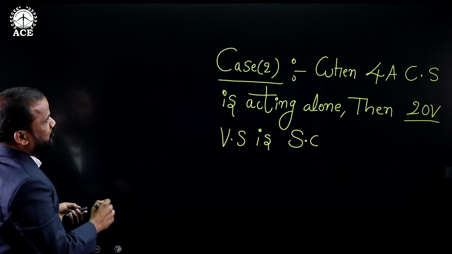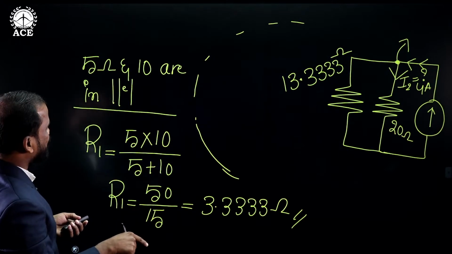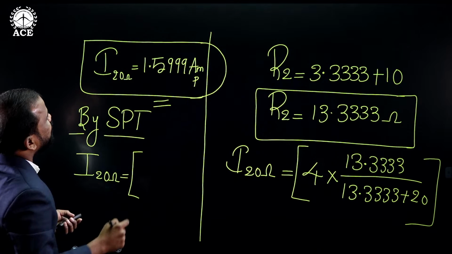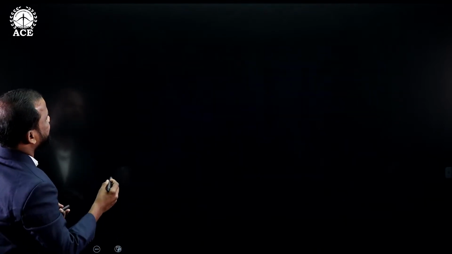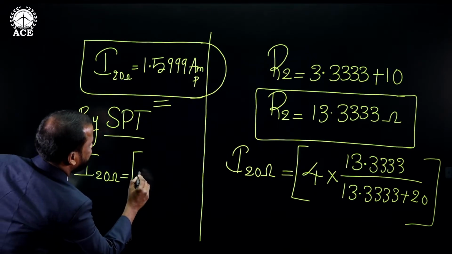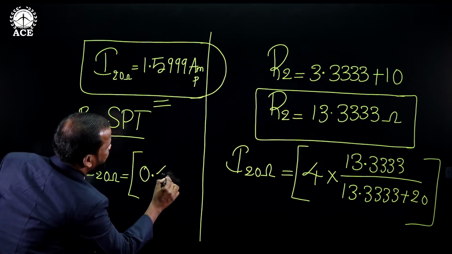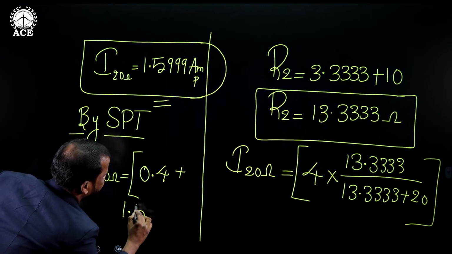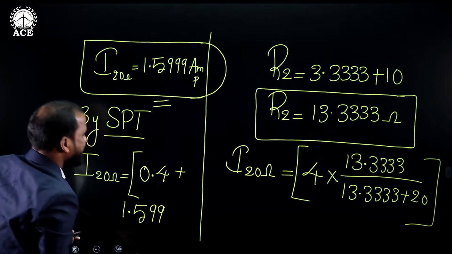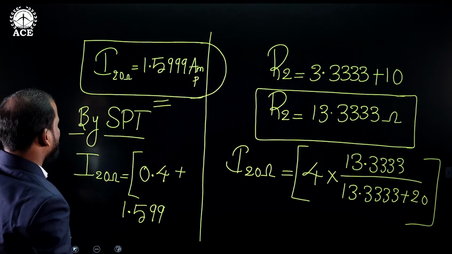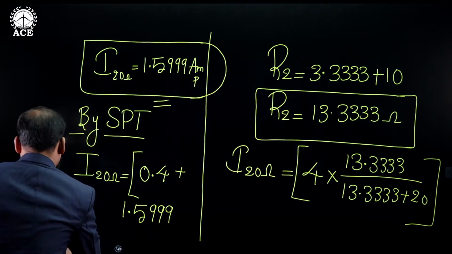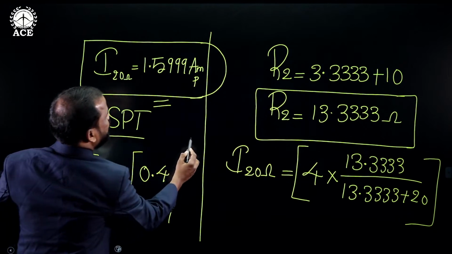Now when the current source is acting alone, the value of current flowing through the 20 ohms is 1.599. So I can directly add these two values. So 0.4 plus 1.599. By adding these two, what will you get?